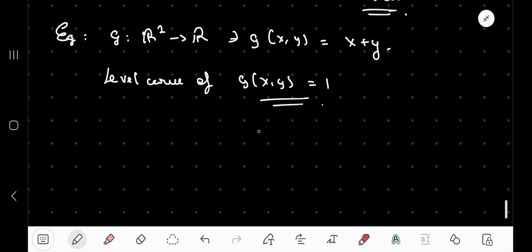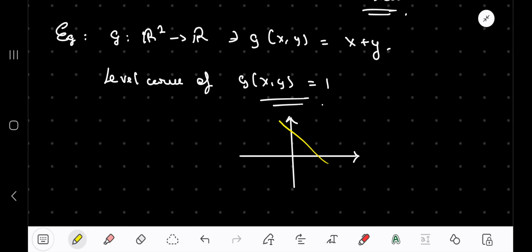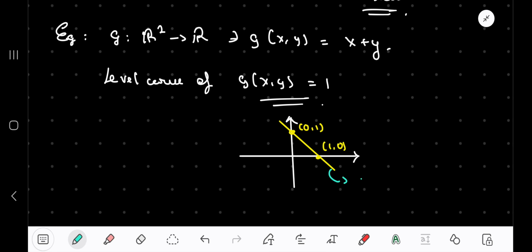You can easily observe that this will just give you a line, which passes through the coordinate (1, 0) and the coordinate (0, 1), and this is what we call a level curve.